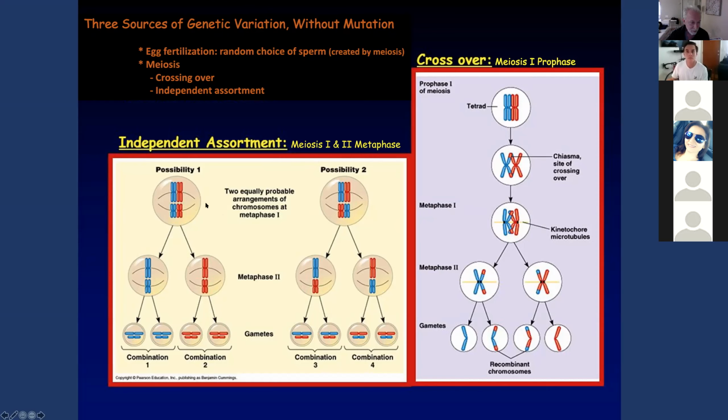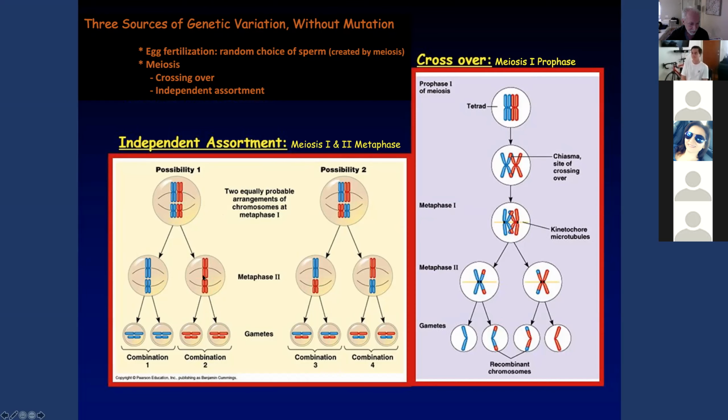If you start out now, we start with 2 homologous pairs, blue and red, but the blue ones can be either long or short, and the red ones can be either long or short. So there are 2 different sets of homologous chromosomes.